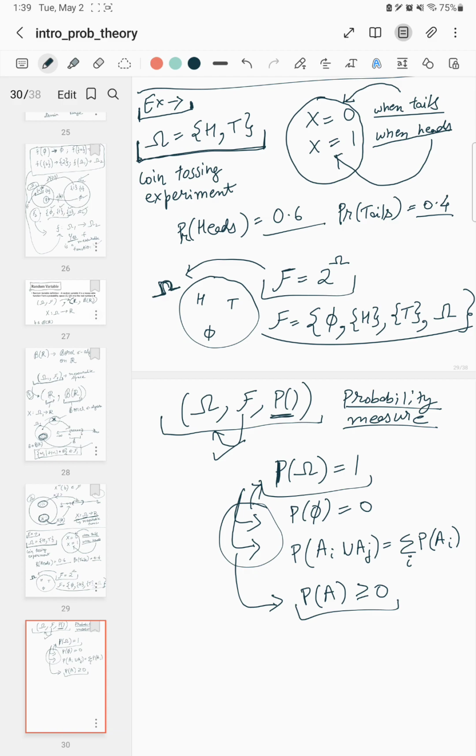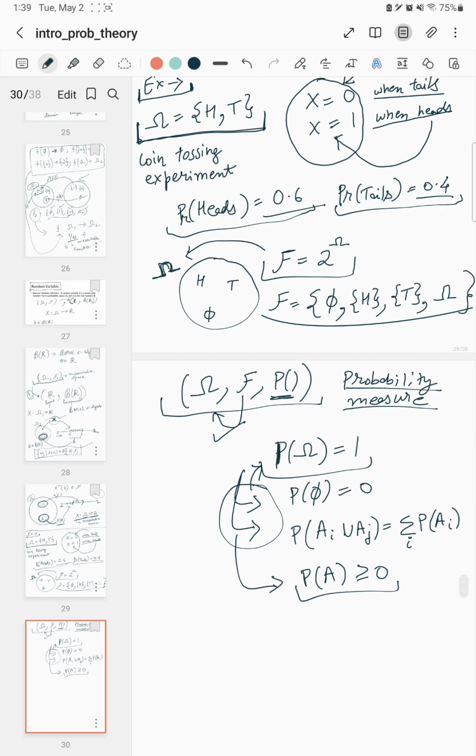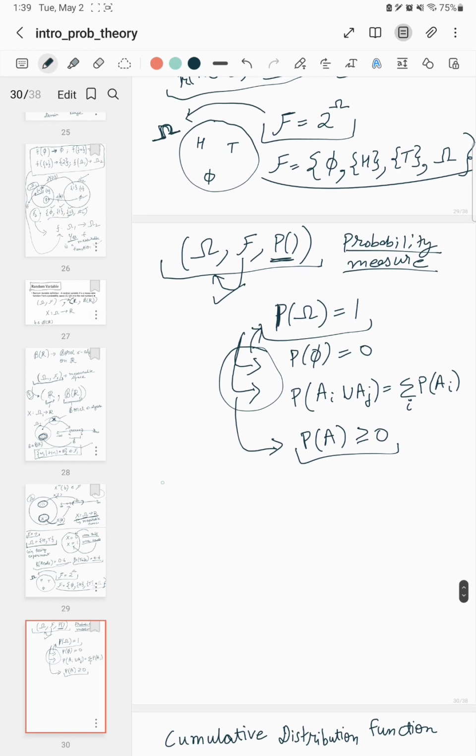Here we know that the probability of getting heads is 0.6 and the probability of getting tails is 0.4, which means that P of H is 0.6 and P of tails is 0.4.